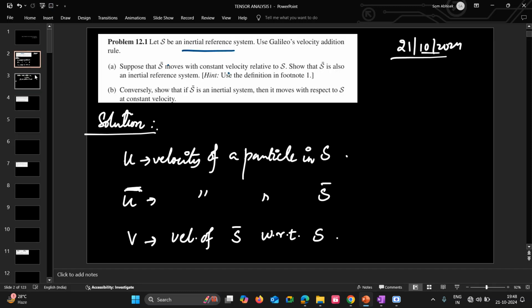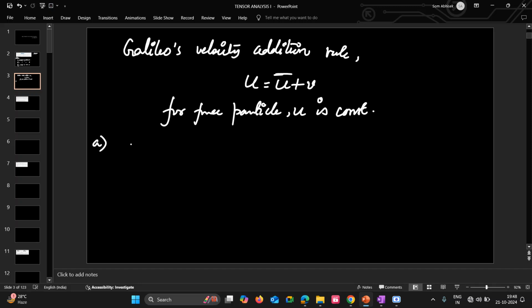That is, suppose that S dash moves with constant velocity relative to S. So that is your velocity v, so that S dash is also an inertial reference system. It is saying constant velocity, so v is constant.